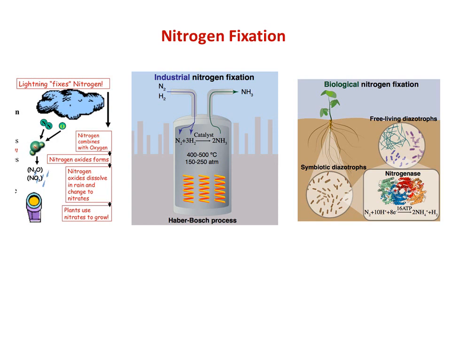They convert this nitrogen into ammonia in the presence of an enzyme called nitrogenase, and this is a highly energy-requiring process which requires ATP molecules. So in the biological process, various diazotrophs are involved, and with the help of the enzyme nitrogenase, nitrogen gets converted into ammonia. This is about biological nitrogen fixation.